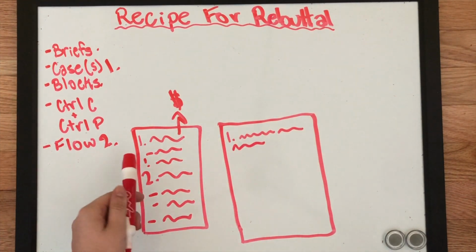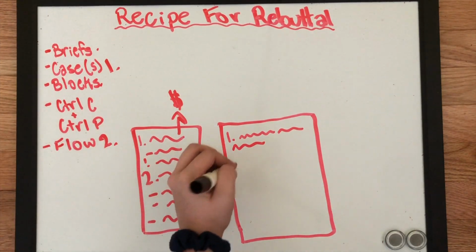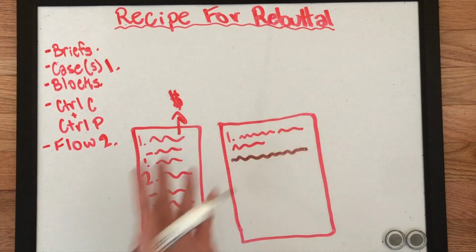If one of their warrants is that harvesting the cacao plant employs millions of people, you go to your brief or your block and try to find evidence or something else to refute that. Let's say in your block you find something about how the vanilla bean plant actually employs more people than the cacao harvesting industry does. You're going to take that and you're going to Control-C, Control-P, or copy and paste it into your rebuttal.